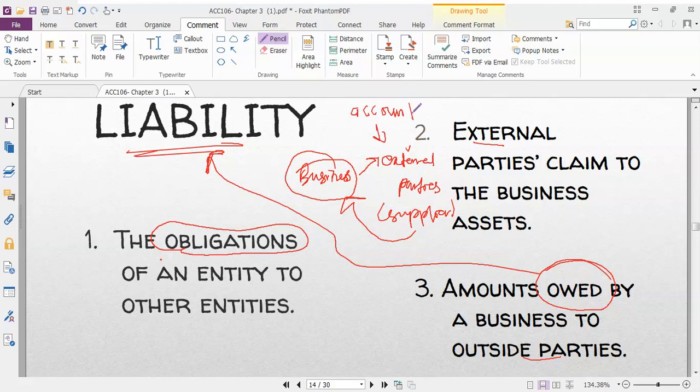Make sure you understand the difference, and after that you must know how business transactions affect these elements. The external party the business owes, we call account payable.